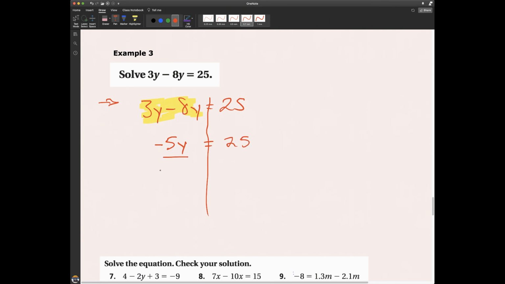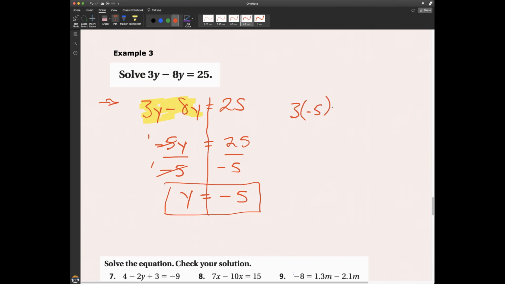Yes, you can. You can divide both sides by negative 5. The negative 5s cancel over here. I end up with y all by itself. And over here, I end up with an answer of negative 5. Okay? And if I want to check this, 3 times negative 5 minus 8 times negative 5, does that equal 25?